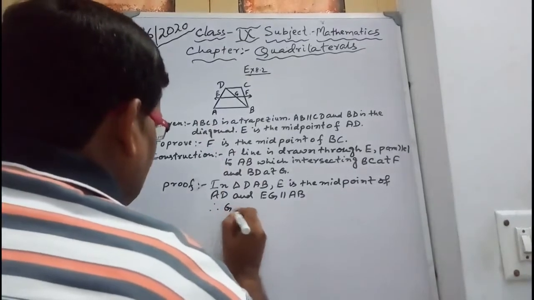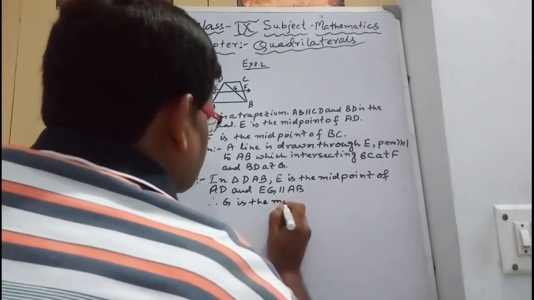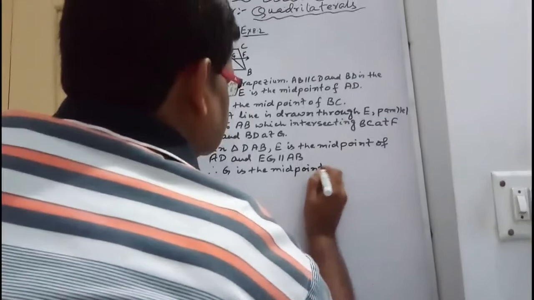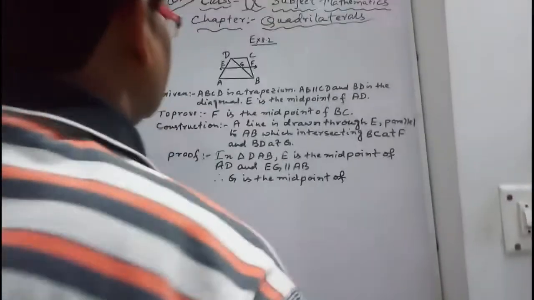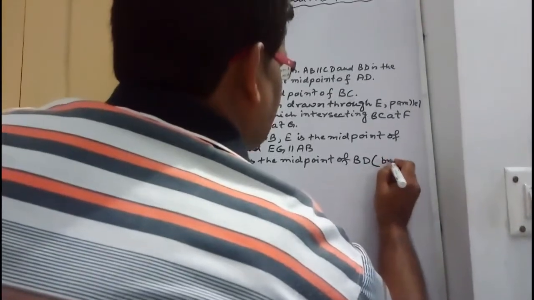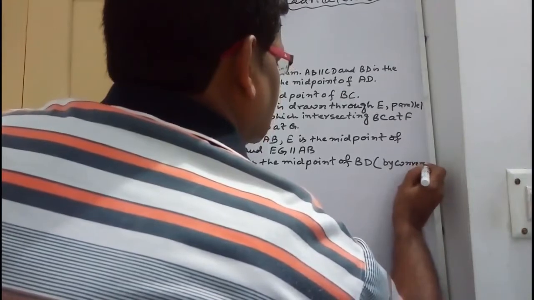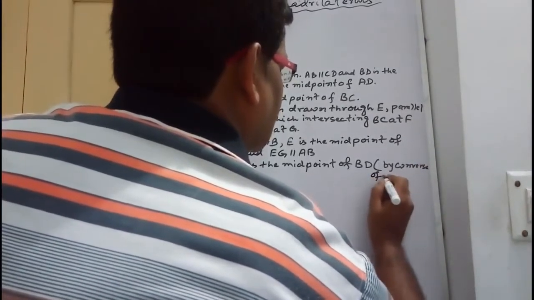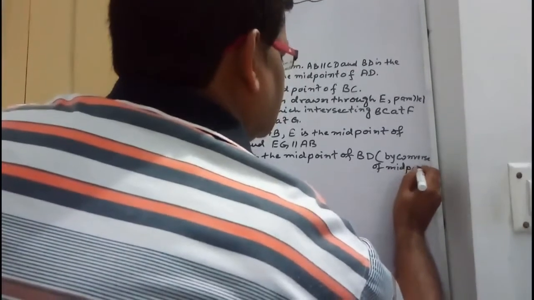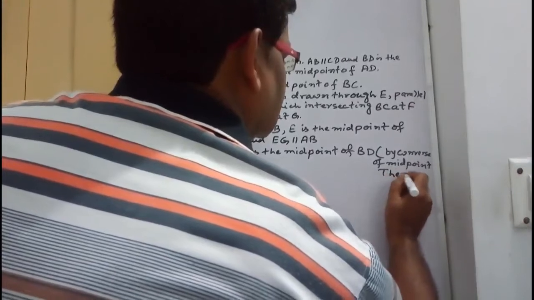Therefore, G is the midpoint of BD by the converse of the midpoint theorem.